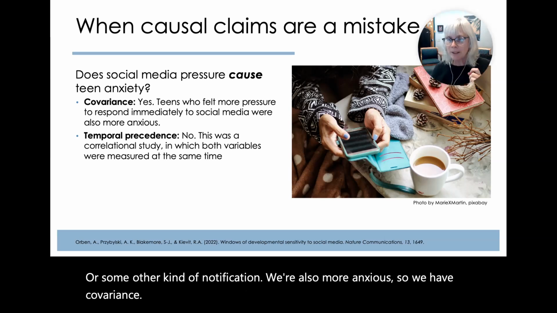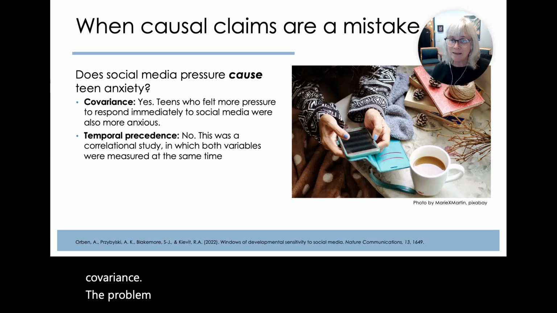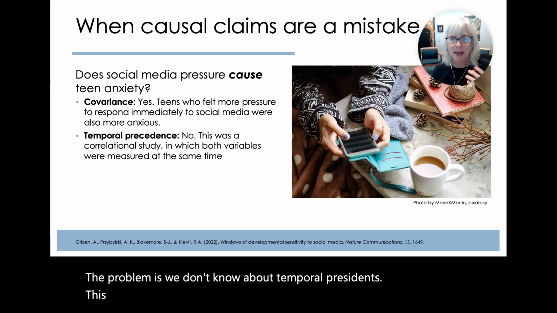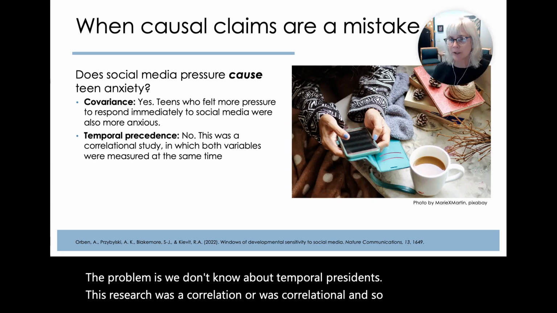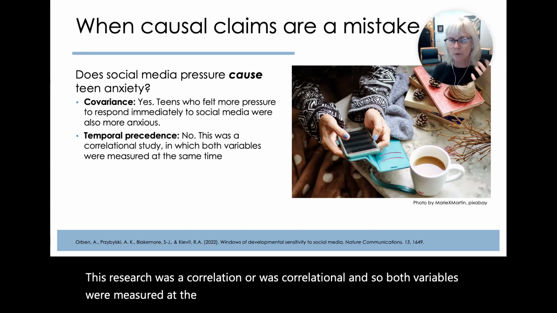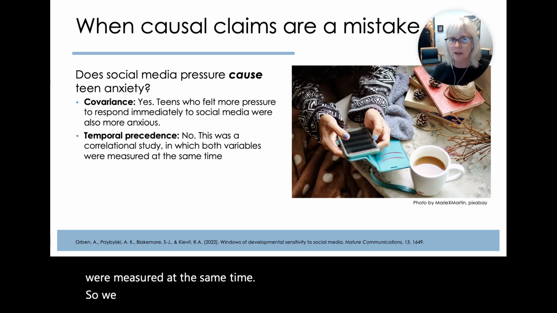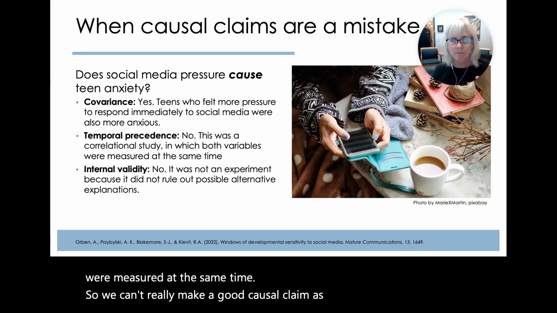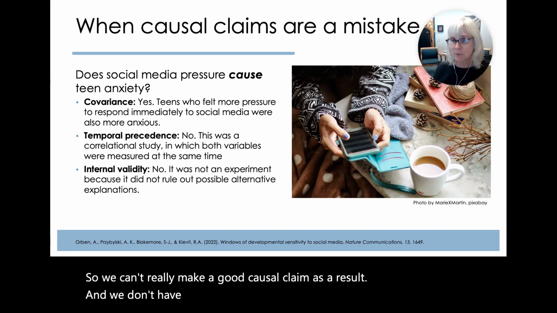The problem is we don't know about temporal precedence. This research was correlational, and so both variables were measured at the same time. So we can't really make a good causal claim as a result. And we don't have internal validity as a result.